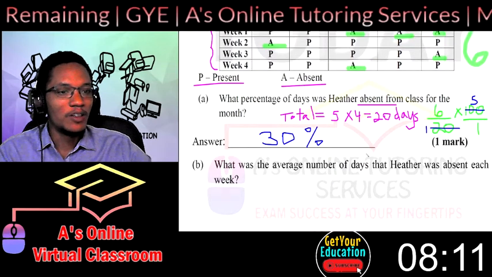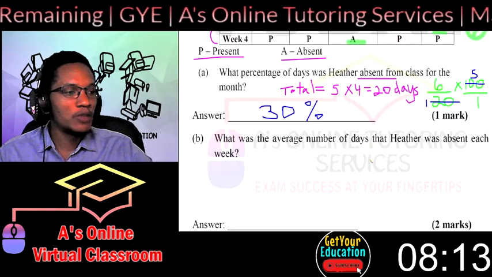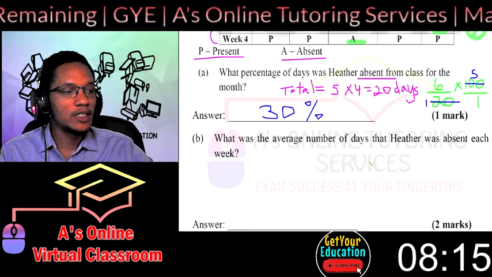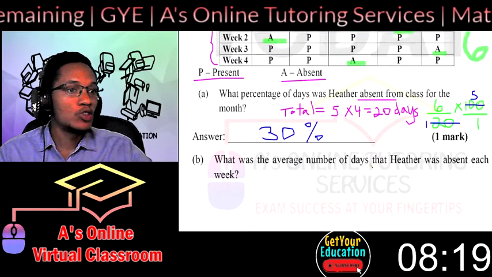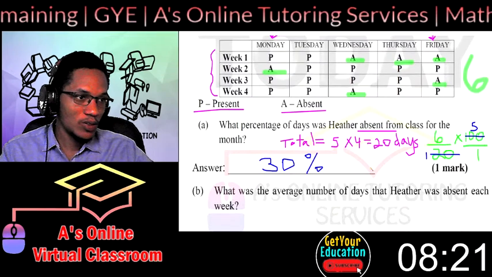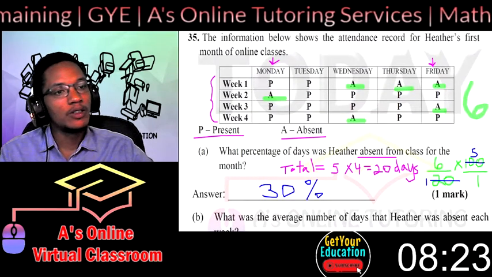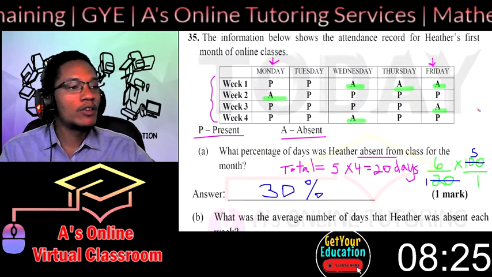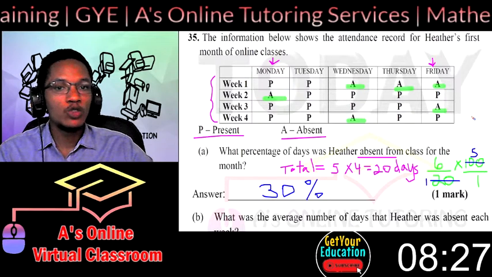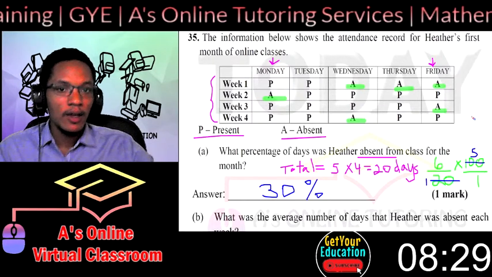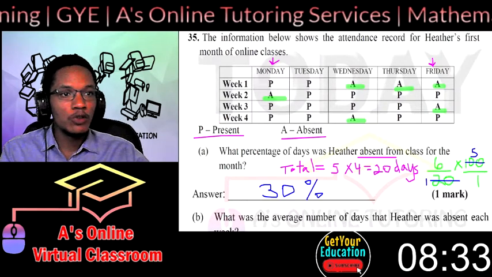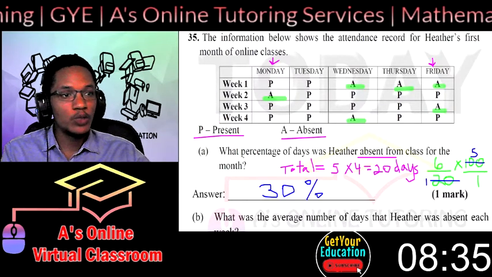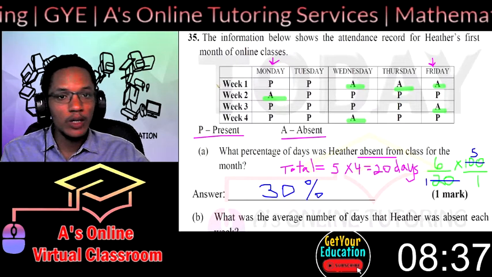Alright, next question. What was the average number of days that Heather was absent each week? Alright, so each week now, we have to be careful and no longer think about the 20 days, because now they want us to find the average for each week. And how many weeks do we have?